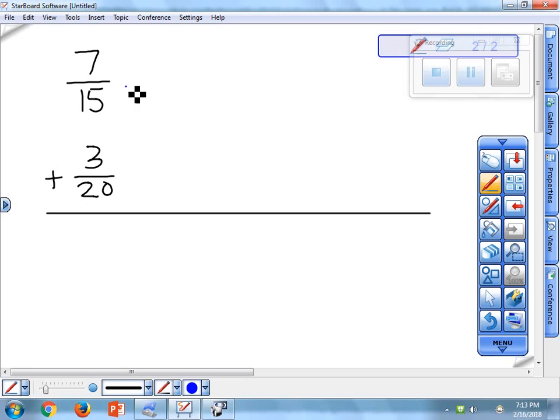Let's take the first fraction, and before we do anything, let's find the prime factors for the denominator, and that would be 3 times 5. I'm going to do the same thing with the second fraction, which is 3 over 2 times 2 times 5. Those are the prime factors for 20.